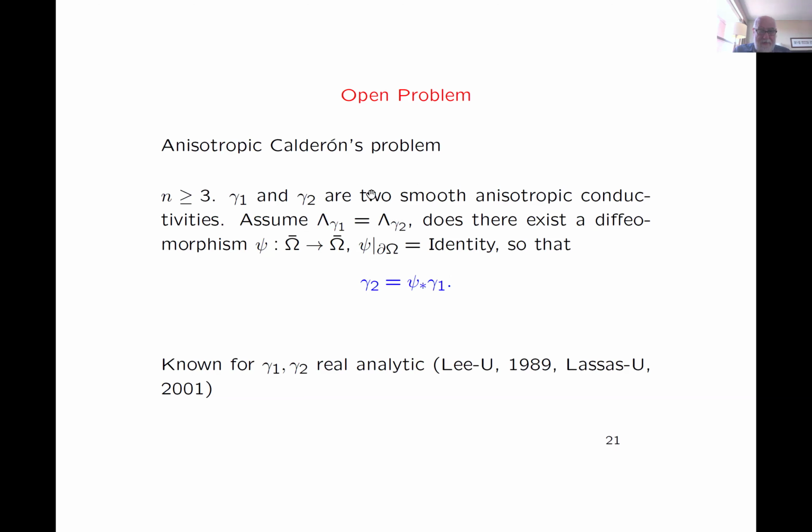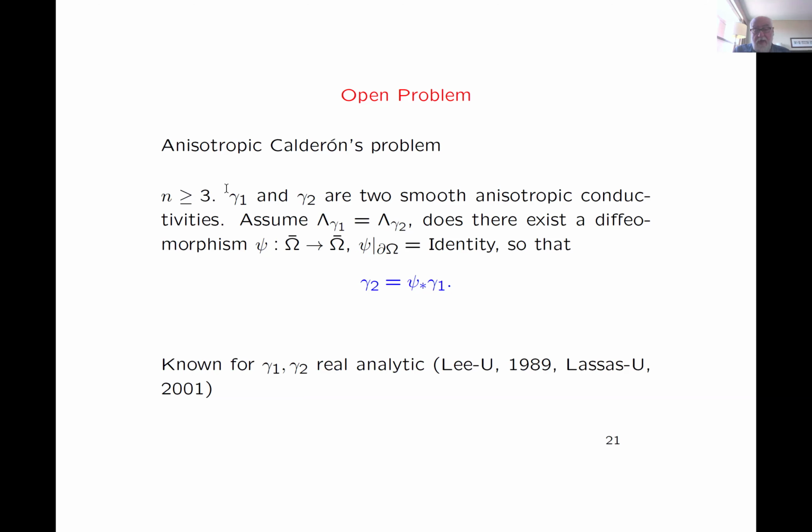Okay, this is the problem. The method that we have been using for the isotropic case, which is complex geometrical optics, does not work in the anisotropic case in dimensions 3 or higher.